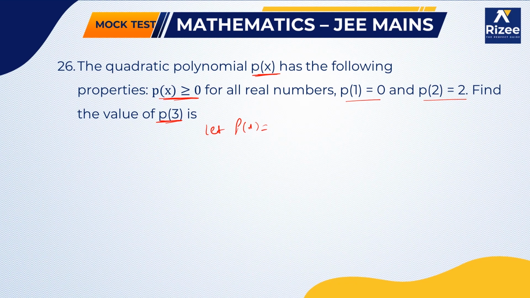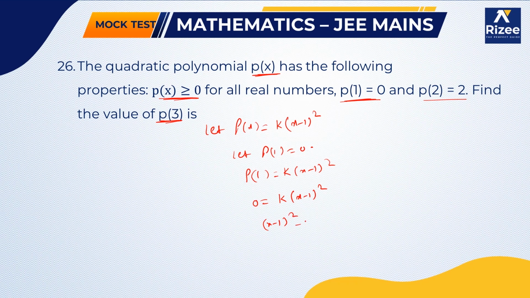Let p of 1 equal 0, so k into (x minus 1) whole square equals 0, x minus 1 equals 0. From this we can say that x minus 1 is one root of the polynomial p of x.